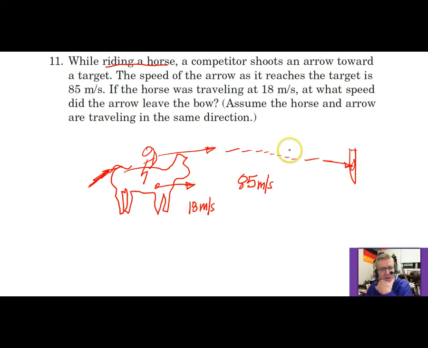So remember, as the arrow is flying, it has the sum of how fast it leaves the bow and the horse's speed. So this is the question: how fast does the arrow leave the bow?